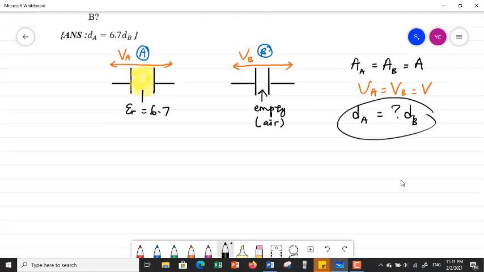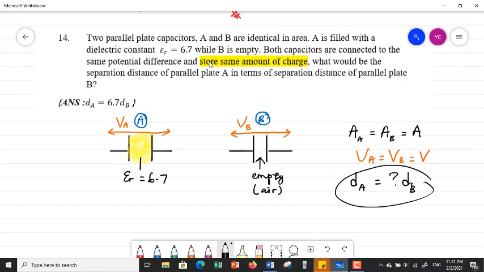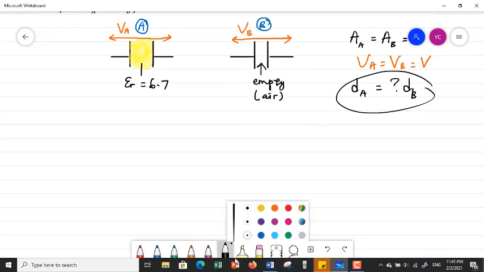I will start from the statement: they are connected to the same potential difference and they store the same amount of charge. So I might use the equation Q equals CV.